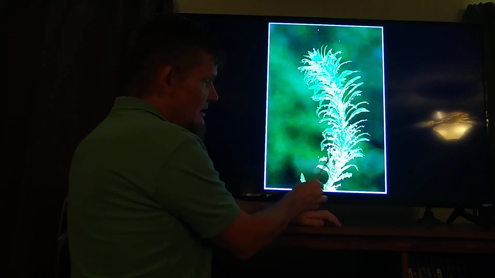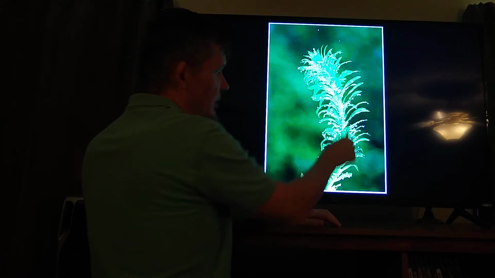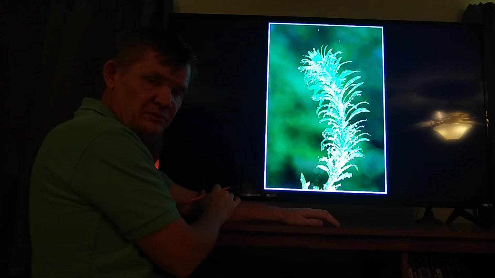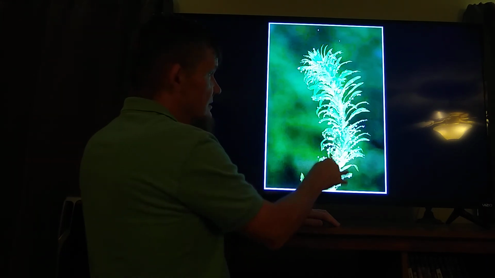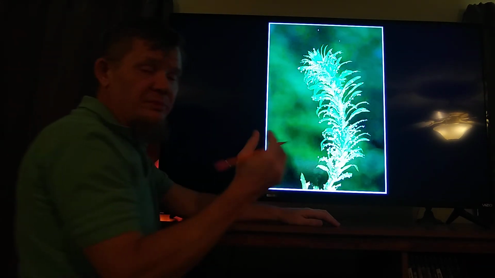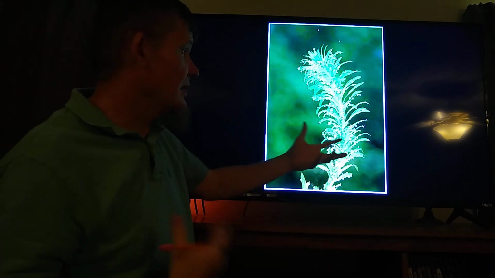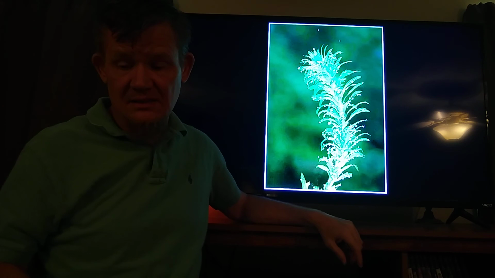You see tiny little bubbles. Those tiny little bubbles we refer to as pearling. Those little pearls are bubbles of pure oxygen. All of those little bubbles are bubbles of pure oxygen. This plant right here is releasing this stuff that we have to breathe.